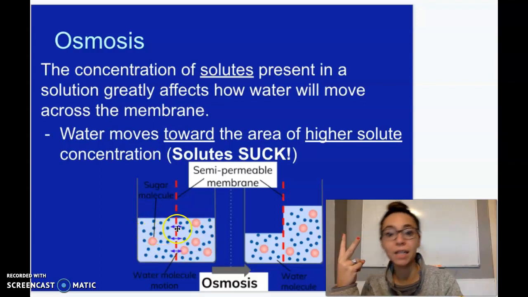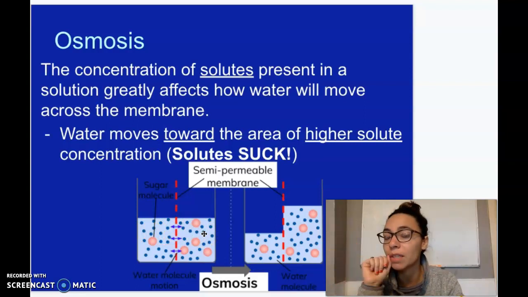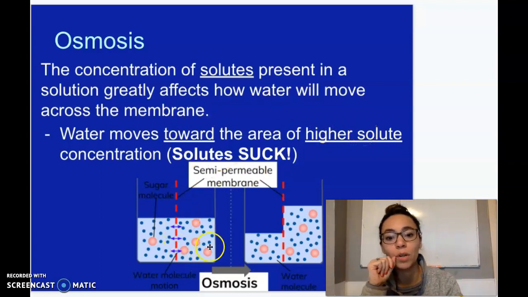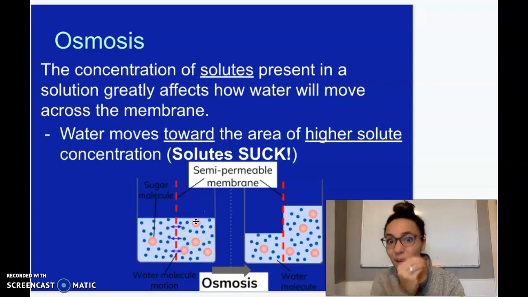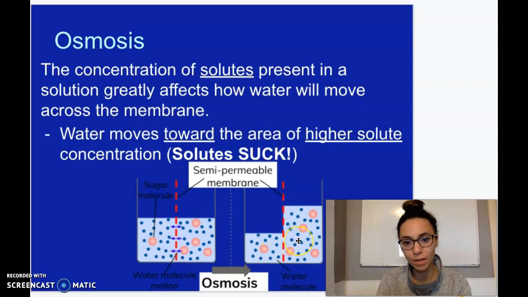Water moves from high to low water concentration. Another way you can think about this is that water moves toward the higher solute concentration. So where there's more solute, which is on the right side, there's more sugar here, the solutes suck, so they suck up the water. So the water is going to move to the right side of the membrane.